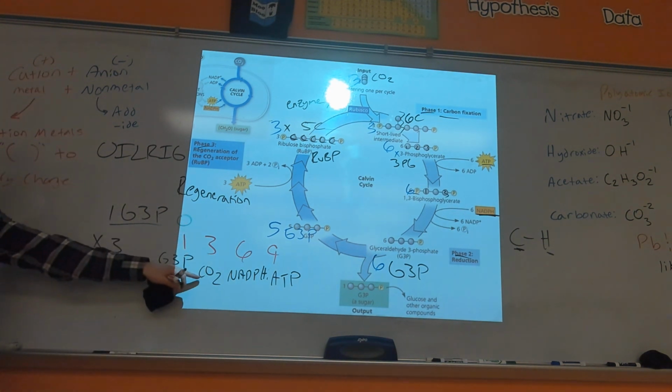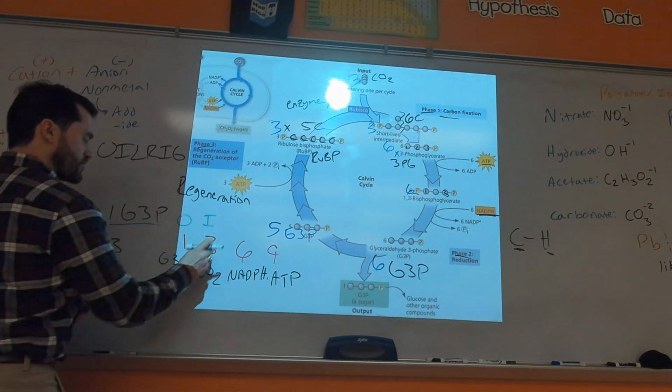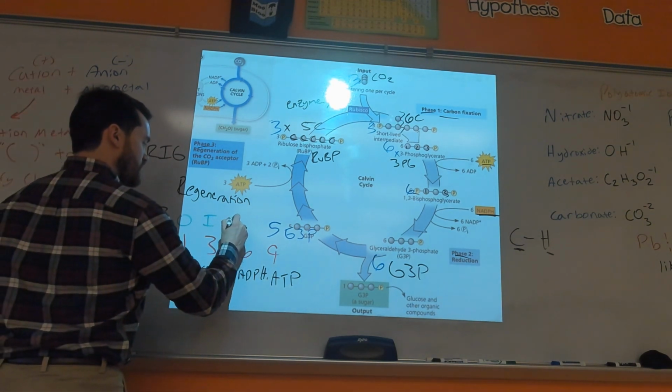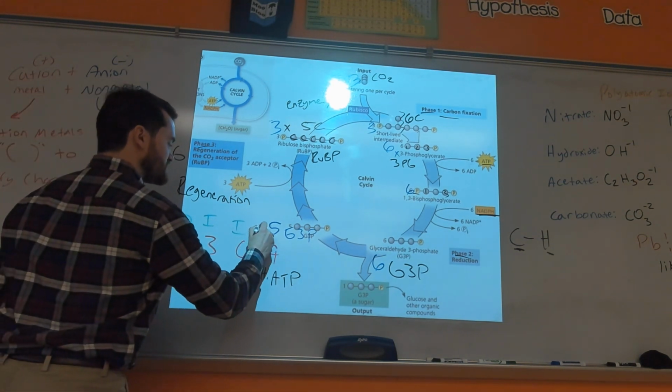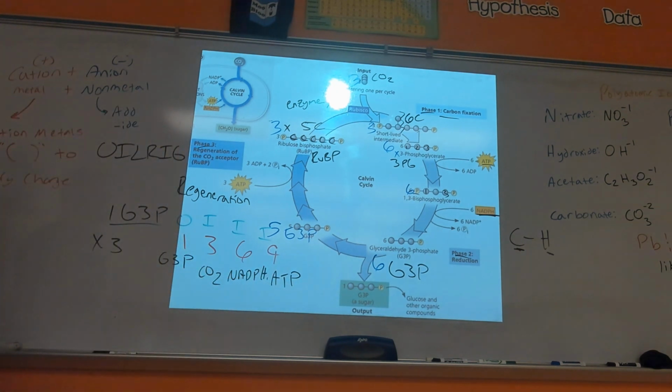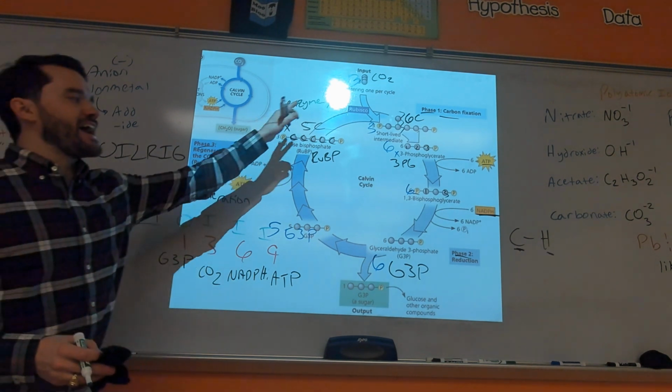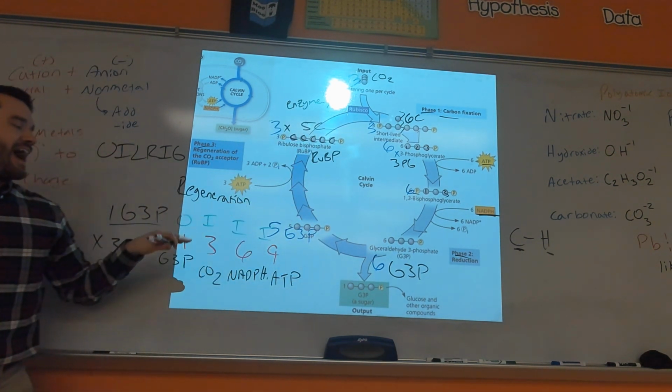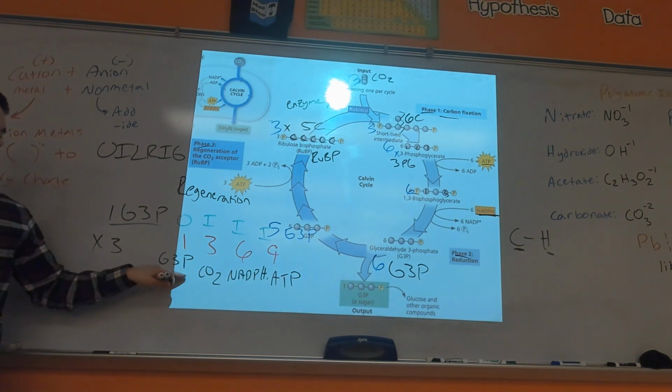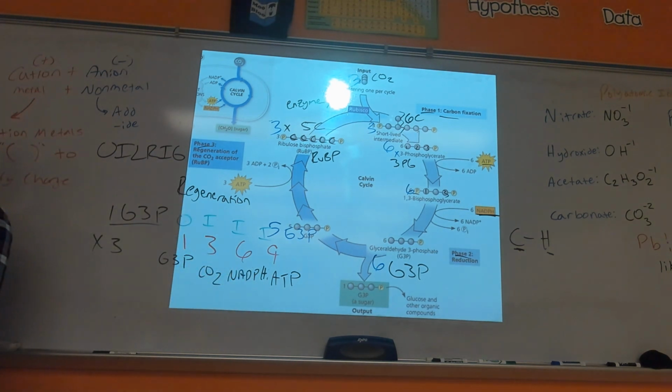You're gonna put in 3 CO2s, 6 NADPHs, and 9 ATPs to make that 1 G3P. Okay? If this whole cycle is very confusing, worst case scenario, understand the 1, 3, 6, 9. That's where a lot of the questions for your test on Monday and the AP exam are going to come from.